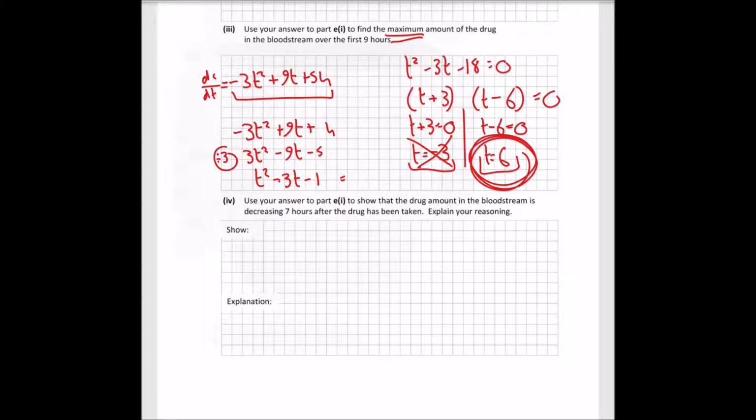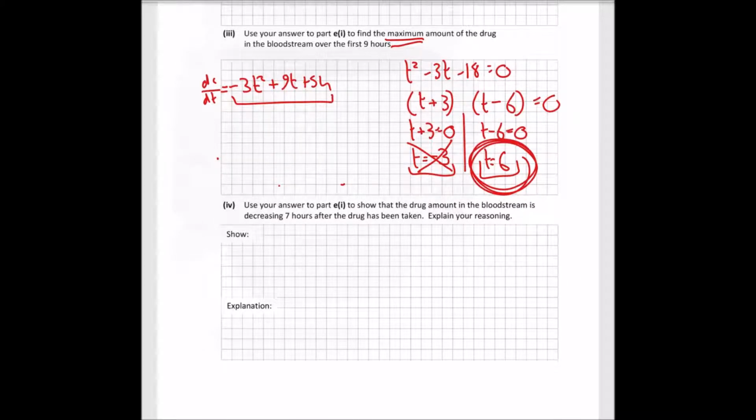So I'm going to have to take that 6 hours and put it back into my formula. That will give us minus t cubed plus 4.5 t squared plus 54t. That was my original formula.